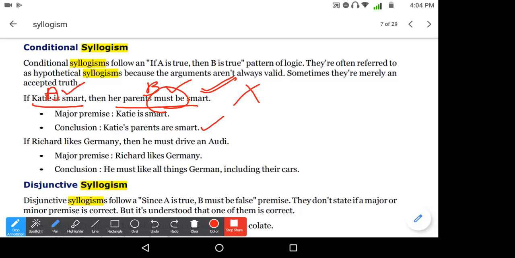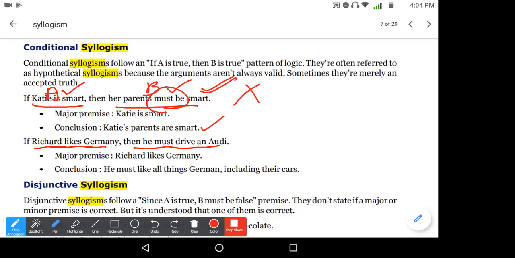Then one more example. Richard likes Germany, then he must drive an Audi. So what they're saying, Richard is a person who likes the country Germany. So just because he likes the country Germany, it doesn't mean that he drives an Audi car. Right?